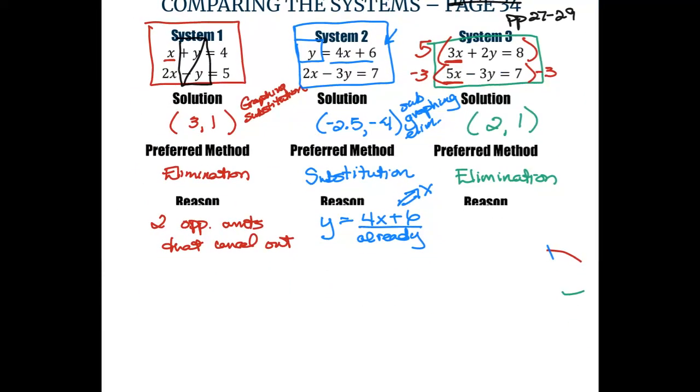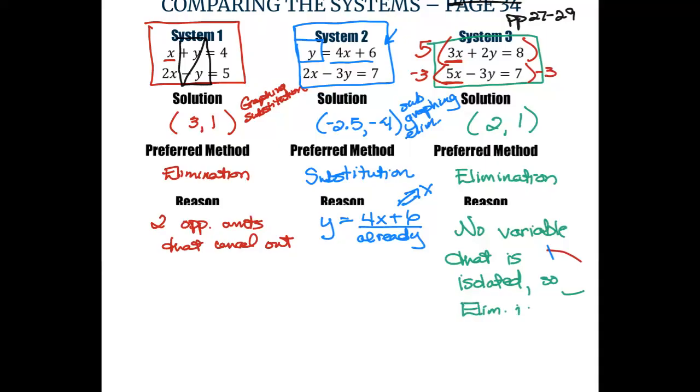The reason I would say there is no variable that is isolated. We don't have y equals something. We don't have x equals something. So elimination is best.